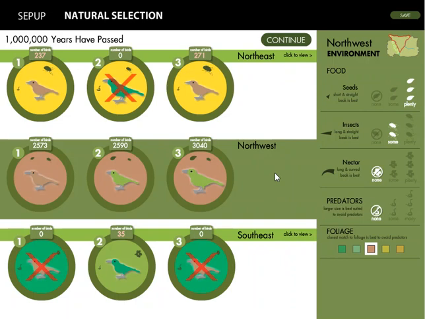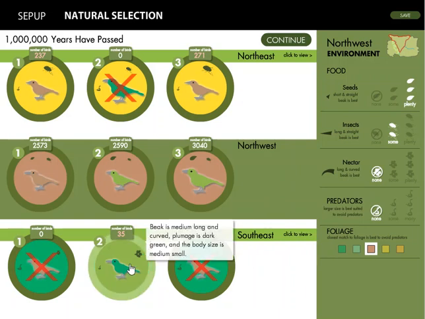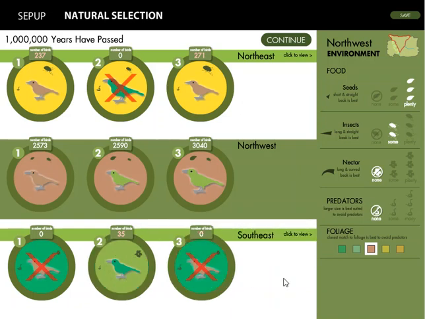Maybe in another 100,000, or I should say million years, we'd see more changes due to natural changes in the environment. And in the Southwest, I think if we had gone through this a couple more times, you'd probably find, unless something drastically changed, this population would also be on the way out, if not extinct. So those are our results.